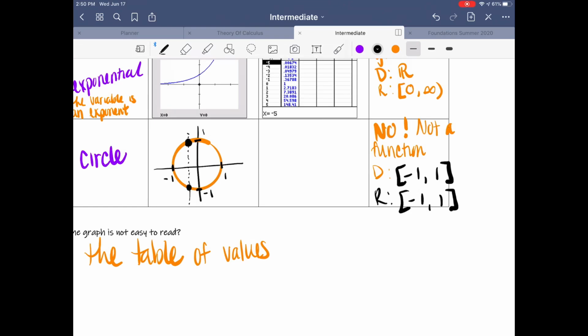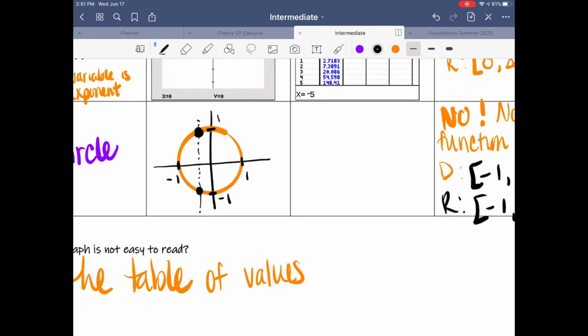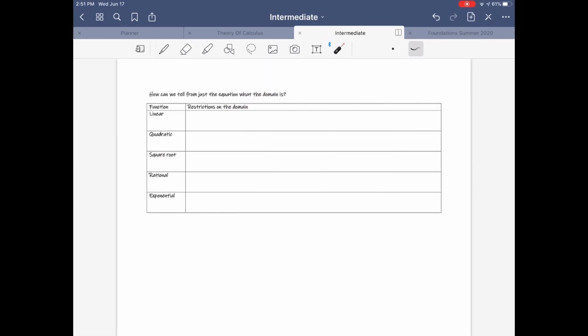Again, you're not going to see a lot of circles as far as writing equations and understanding how I got 1. I got the 1 from here if you're interested, but I'm not going to test you specifically on that, so I don't want you to have to worry about it. I just wanted to show you an example of a circle that is not a function because it hits 2 places at one time on a vertical line test. And then I wanted to show you the domain and the range because I thought it was cool.